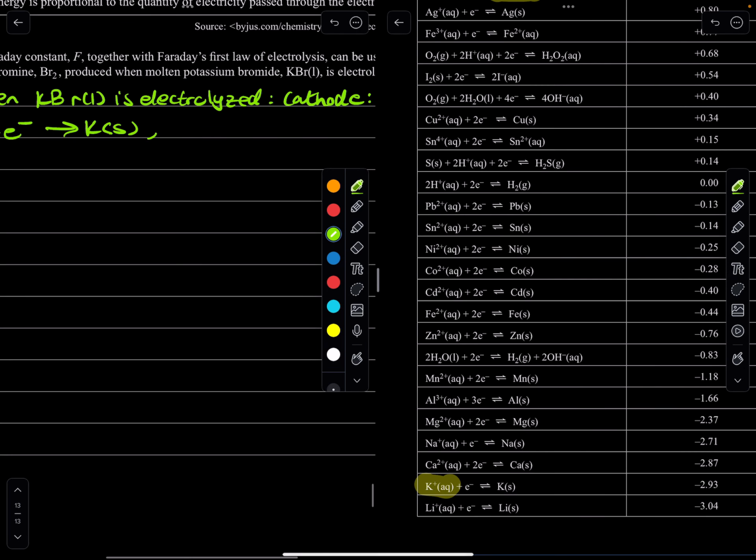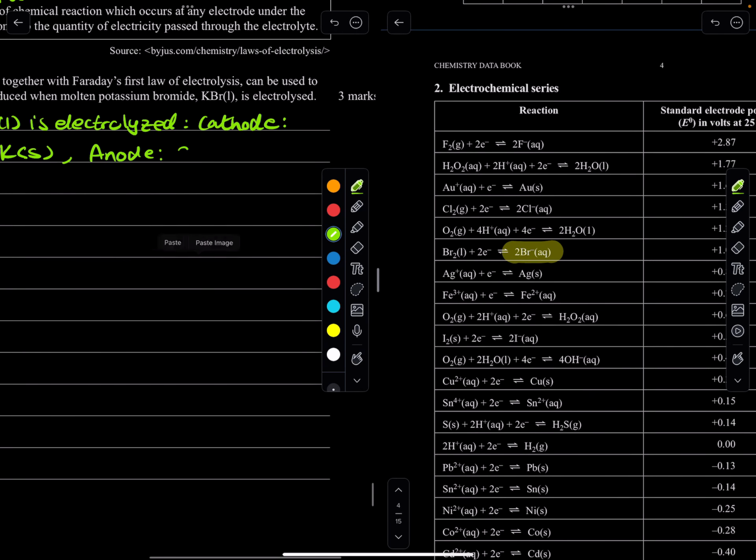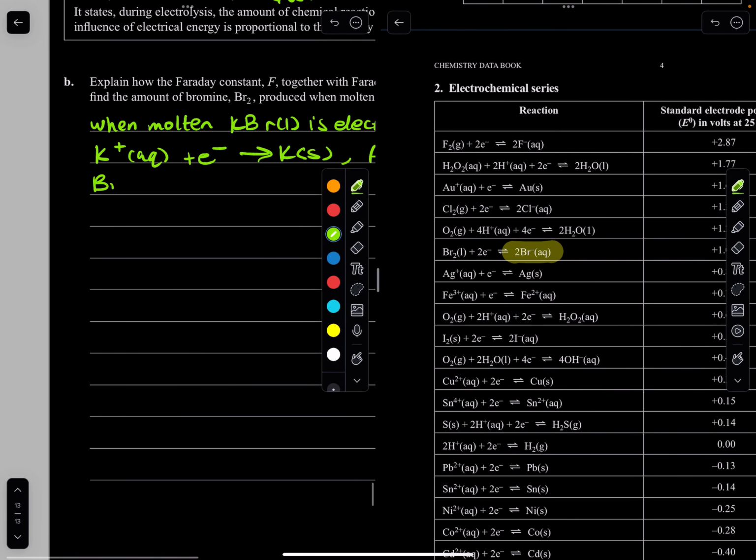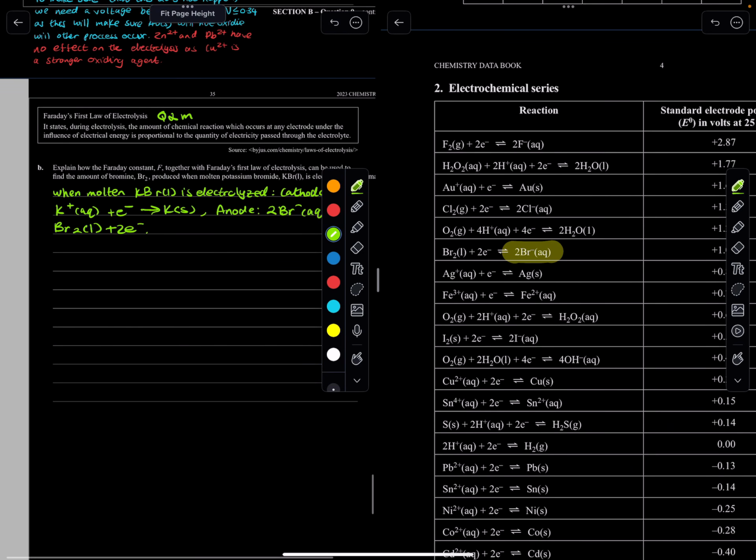And at the anode, it's going to be 2 Br minus aqueous goes to Br2 liquid plus 2 electrons. Done.